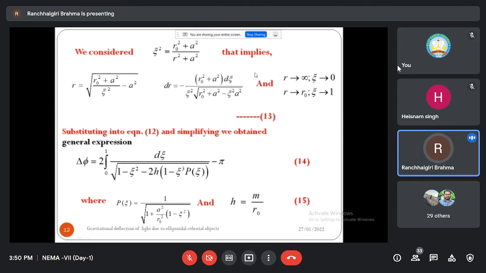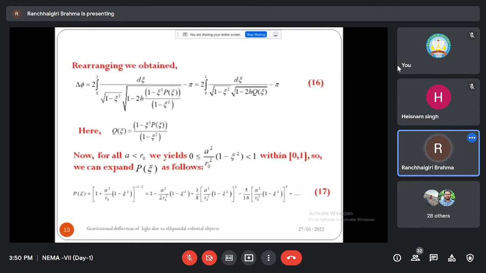Substituting all this into equation 12 and simplifying, we obtain the general form of the deflection angle in simplified form, denoted by equation 14, where p of psi is equal to 1 by root of 1 plus a squared by r naught squared times 1 minus psi squared, and h is m by r naught.